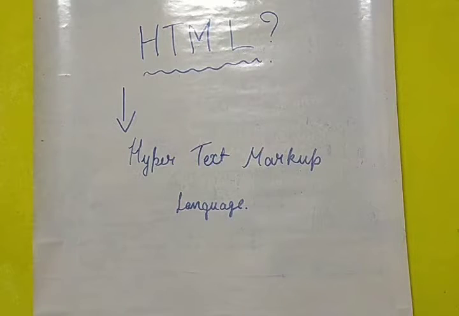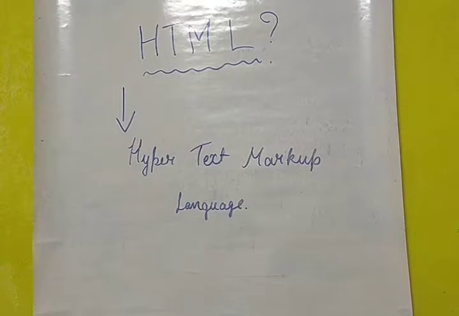You may have seen many types of documents online for your projects or for your notes purposes. When you see those, they are written in a particular format. That's why they are able to be displayed on the browser. That's why we call this Hypertext Markup Language. Clear? So that is what HTML is.